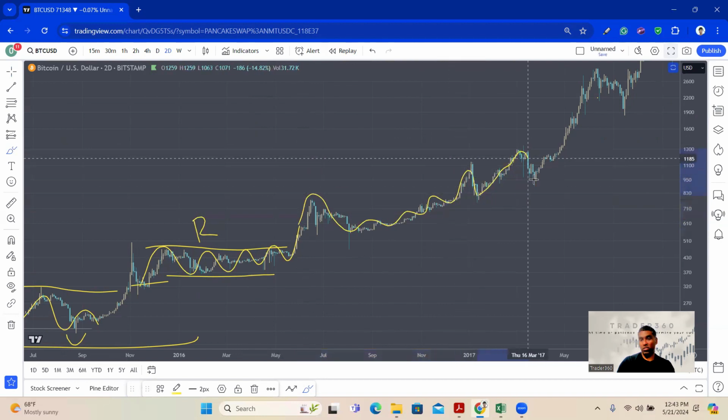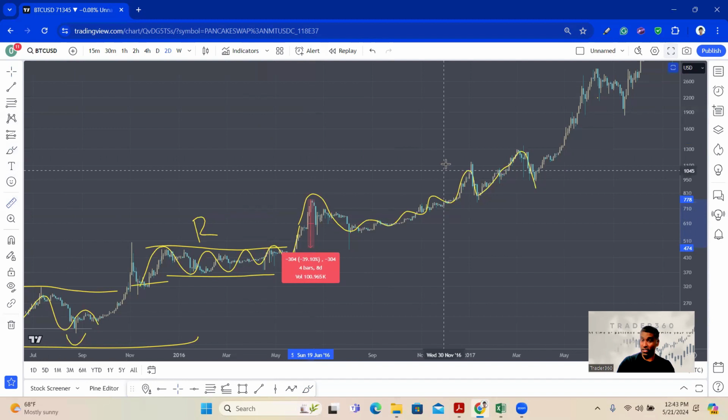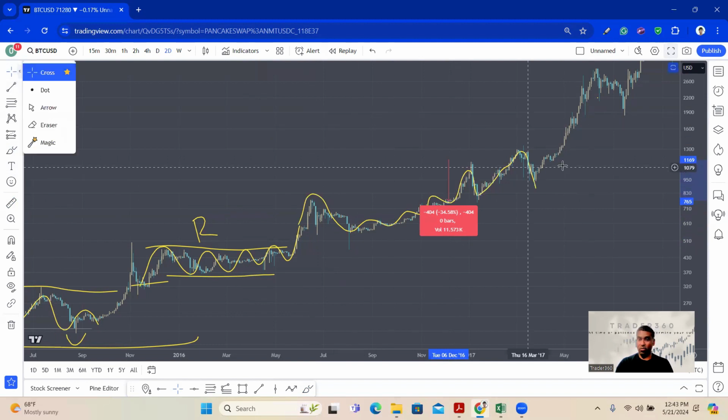These types of moves will always be there, where the prices come down 36%, 40%, in cryptocurrencies I'm talking about. If you see individual stocks, low market cap stocks behave the same way, but big stocks and indices don't move this much.